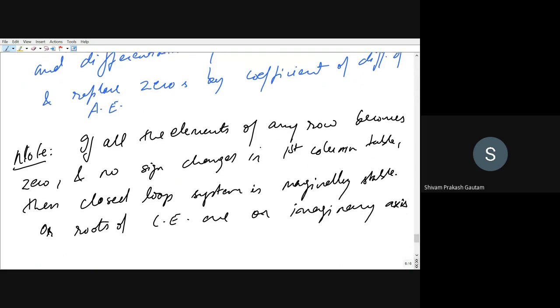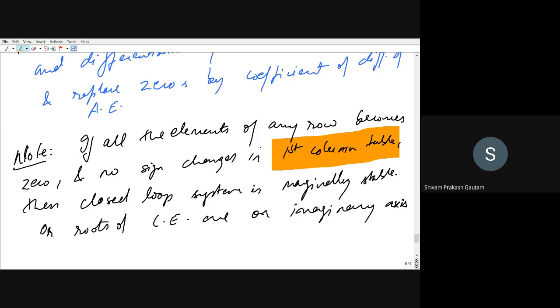What does this statement show? That if all the elements of any one row become 0 and you form the auxiliary equation, you differentiate that auxiliary equation and replace the 0 terms with the coefficients of the differentiation, and you continue building the Routh table. After completing the Routh table, you have to observe the first column of the table, right?